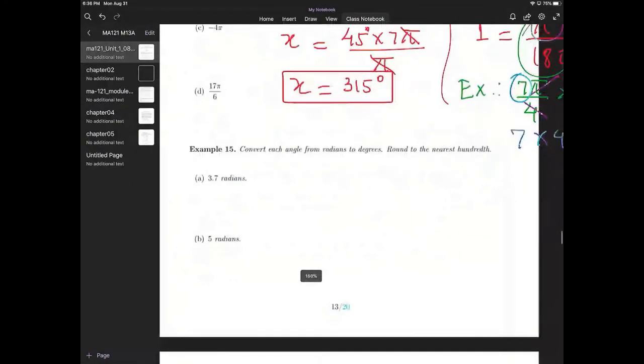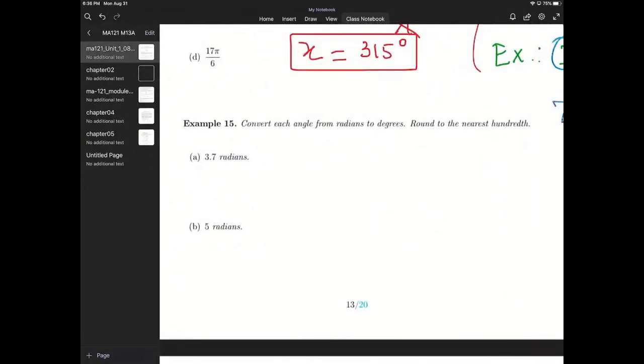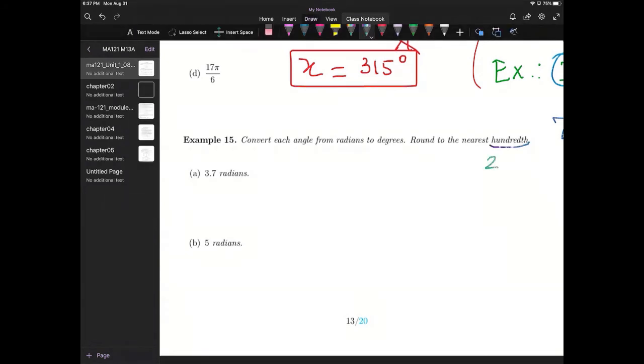Okay, so let's do one more, example number 15. We're going to convert from radians to degrees. I'm going to use the fraction this time, and we're going to round to the nearest hundredth, 2 decimal places. It doesn't matter which one you pick. Notice that we have, for example, 3.7 radians.